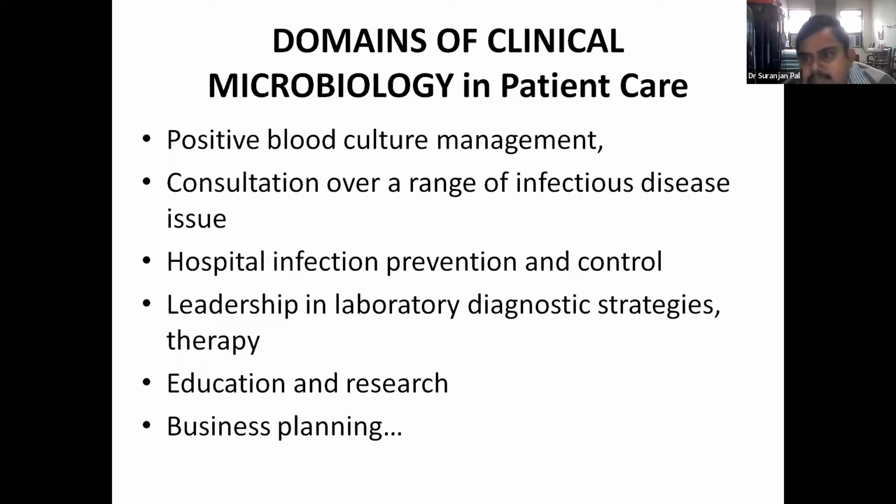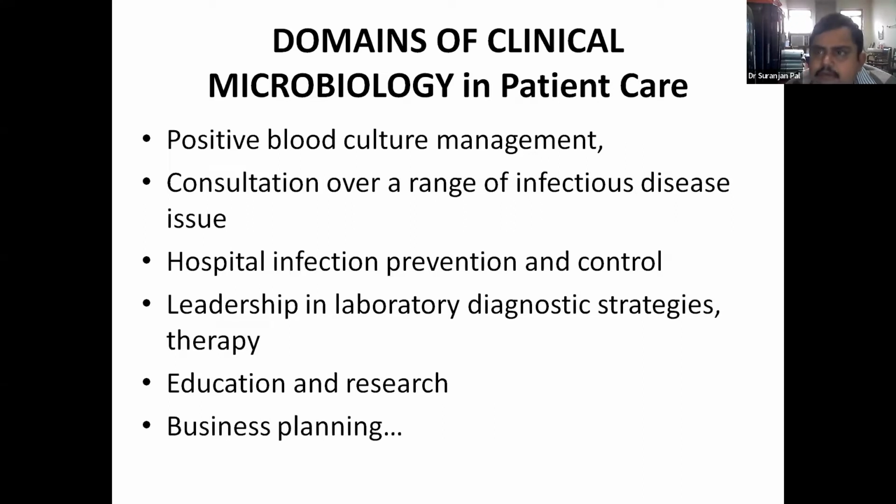Next is the policy making part, the hospital infection prevention and control, where the clinical microbiologist must take a lead role, because he only can have all of the infectious data in the hospital, because most of the patients are sending the sample and we are generating data and keeping also the data pool, and thus we can get a presumptive idea of what type of infection to expect from different wards of a hospital, or what are the organisms to expect from different wards of a hospital.